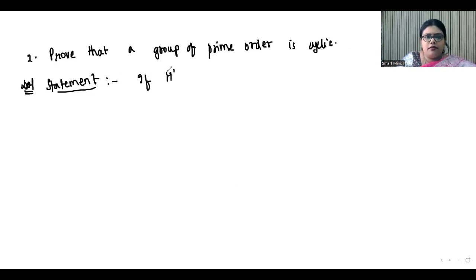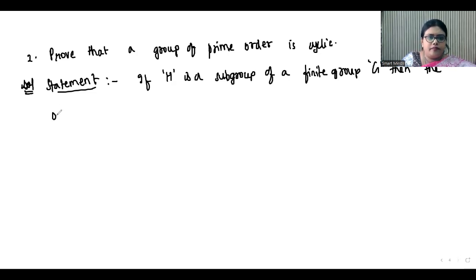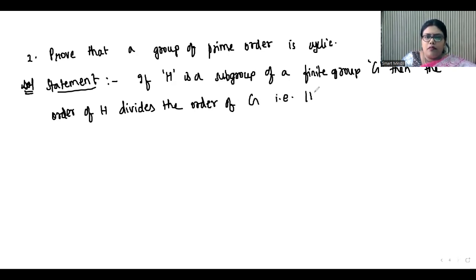If H is a subgroup of a finite group G, then the order of H divides the order of G. That is, mod H divides mod G. Here mod represents order.